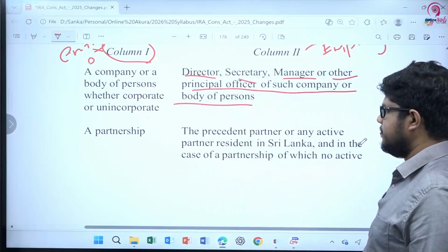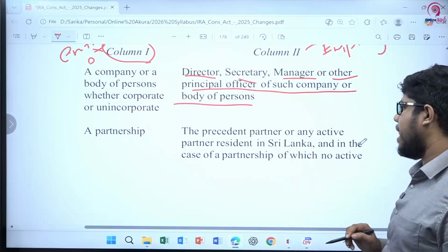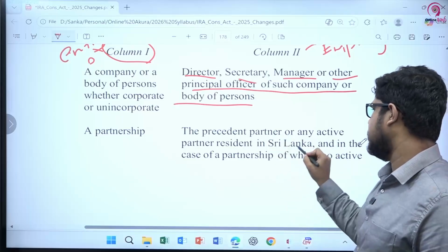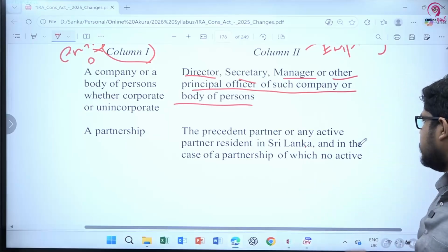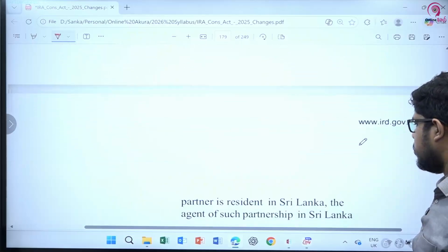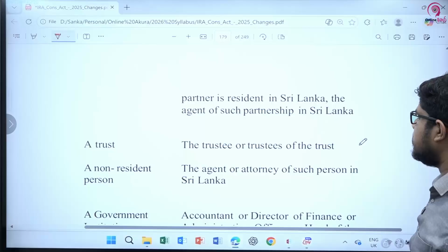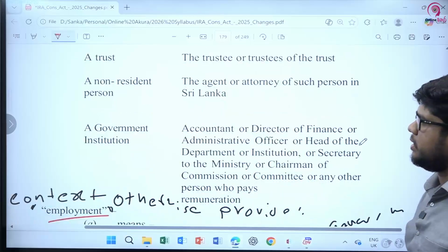A partnership: in a partnership, the president partner or any active partner resident in Sri Lanka. And in the case of a partnership in which no active partner is resident in Sri Lanka, the agent of such partnership in Sri Lanka, right?